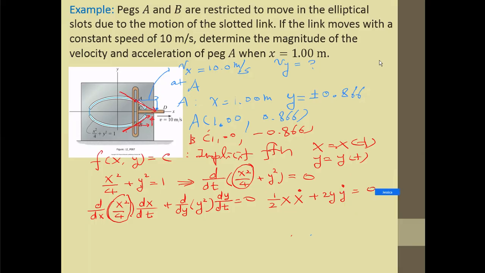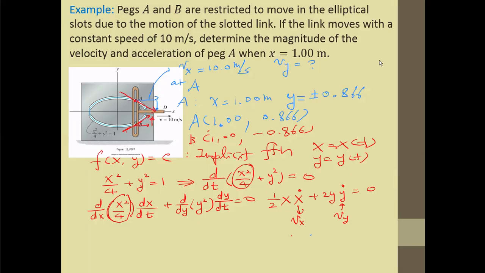That equals 0. X dot is v sub x, the velocity x component. Y dot is the velocity y component. Using this equation, we can solve for Vy.